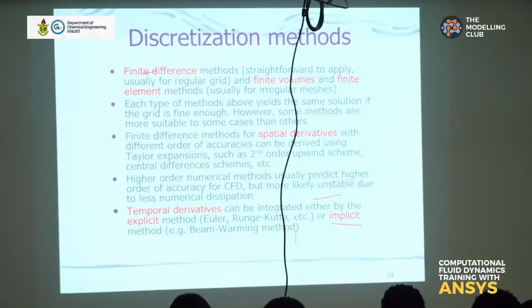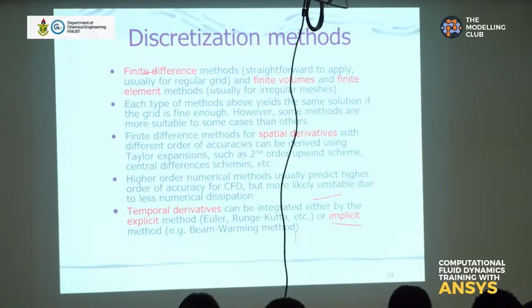In general, higher order numerical methods usually predict higher orders of accuracy. But the problem is that they are basically unstable due to less numerical dissipation.